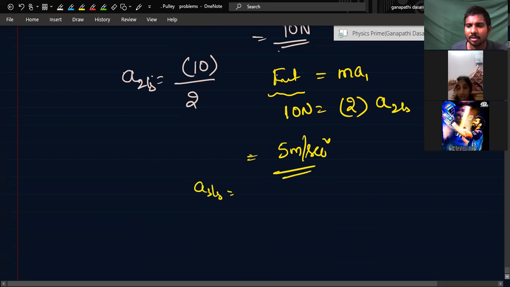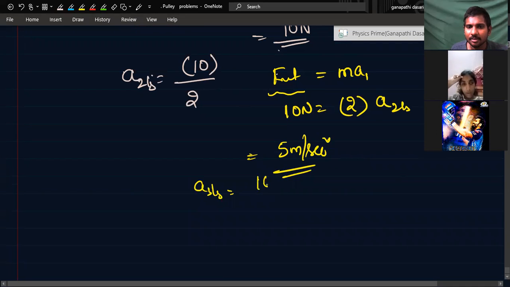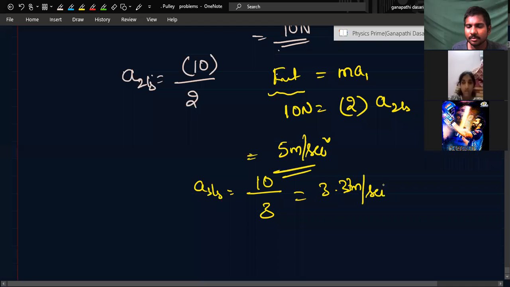3.3 meter per second square. Varun, are you getting this or not? Net force is 10 newtons, that is kx, that is equal to 2 into acceleration of the 2 kg block, 3 into acceleration of the 3 kg block. So 10 by 3 is 3.33 meter per second square, 10 by 2 is 5 meter per second square.